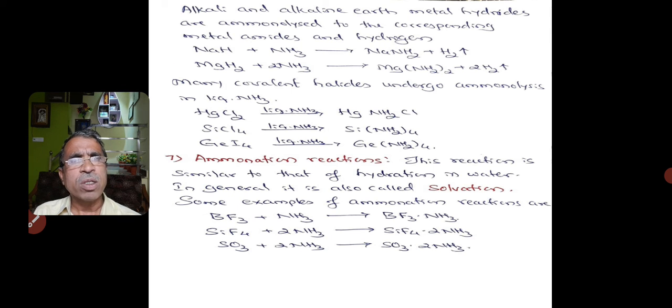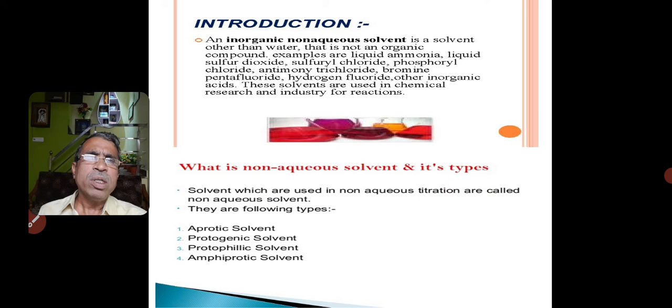Similarly, sulfur trioxide forms sulfur trioxide diammonate. So this is about what exactly you have to learn in liquid ammonia and its various properties.